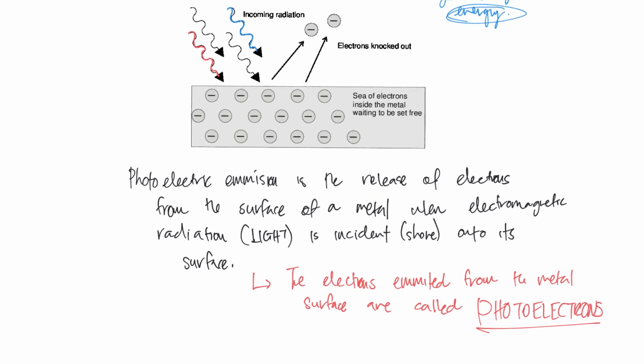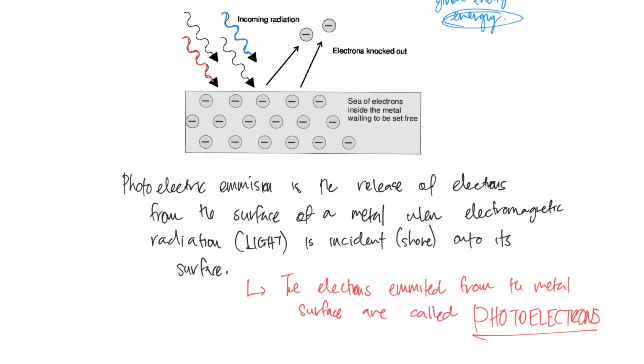Photoelectrons. So that's the section that we're doing now. Please make sure the diagrams, the definitions, these little things that I'm writing down are in your books. And let's have a look at the first little topic.